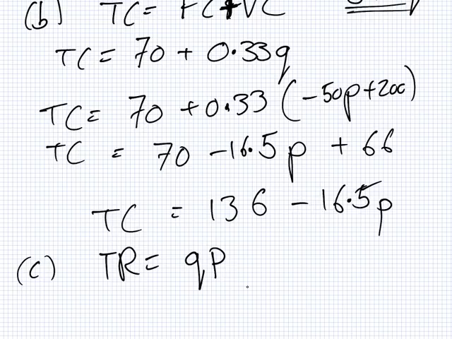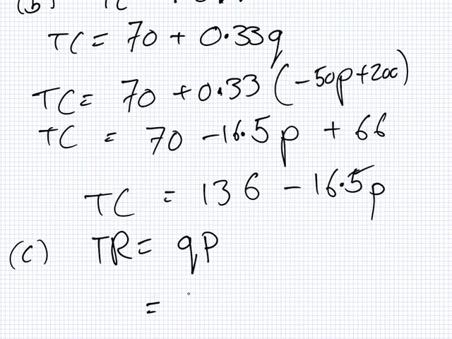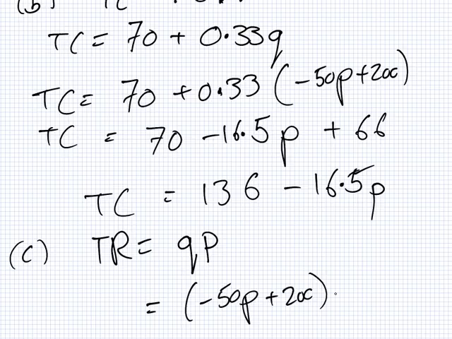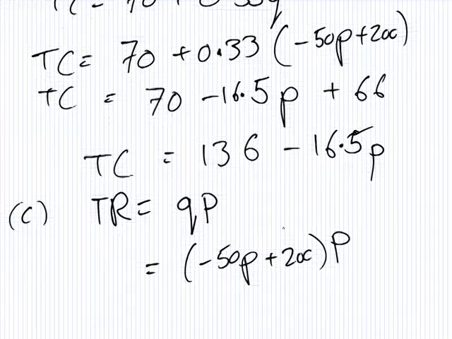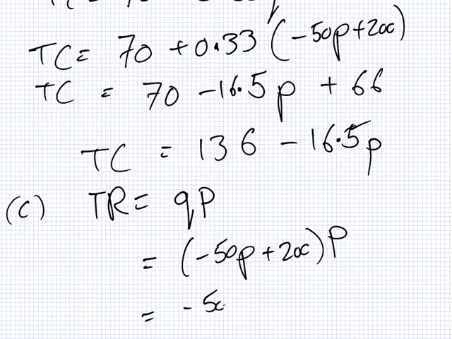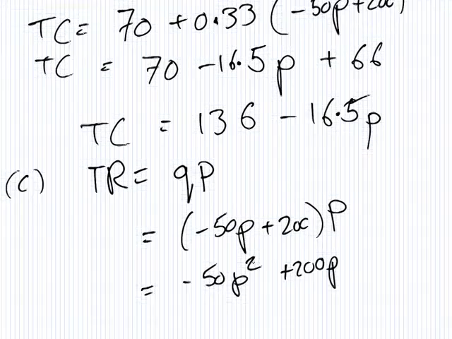Makes sense, right? So what's the formula for Q? We said it's minus 50p plus 200 times P. So yeah, minus 50p squared plus 200p.